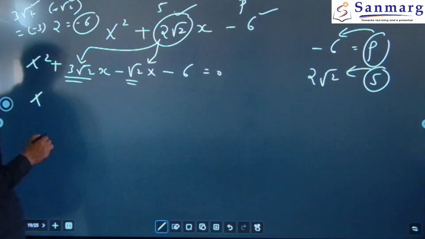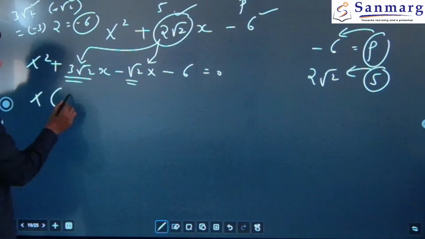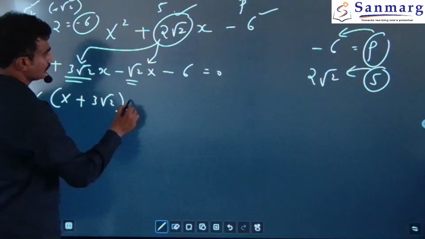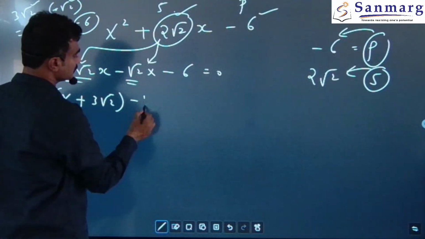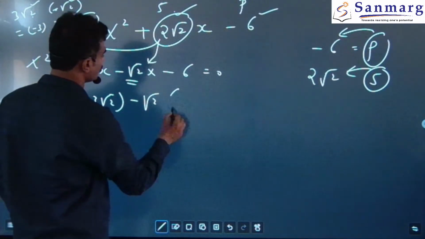So next thing is we have to take out the common factors. X square plus 3 root 2x, which is common, x. Similarly, root 2x minus 6, which is the common factor? We can take root 2 as common.